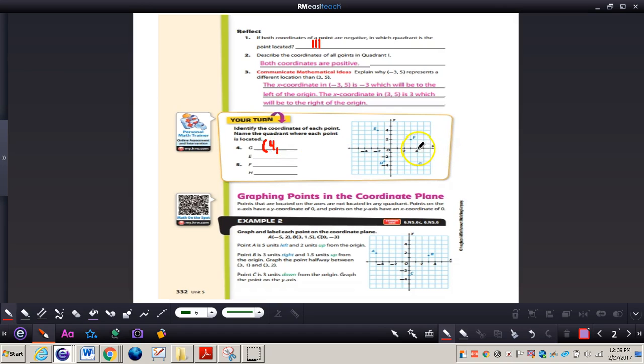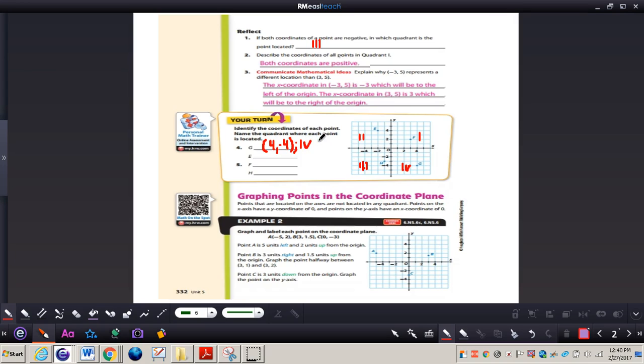So +4, and then you can see it moves down on the y-axis. So since it moves down, it's a negative number. We need to figure out what that negative number would be. So we can see it's right in line with -4. So it would be (4, -4). Now let's take a look at the quadrant it would be a part of. You can see it's quadrant 1, 2, 3, whoops, and 4. Okay, so we could see it's (4, -4). The quadrant it would be a part of would be quadrant 4.